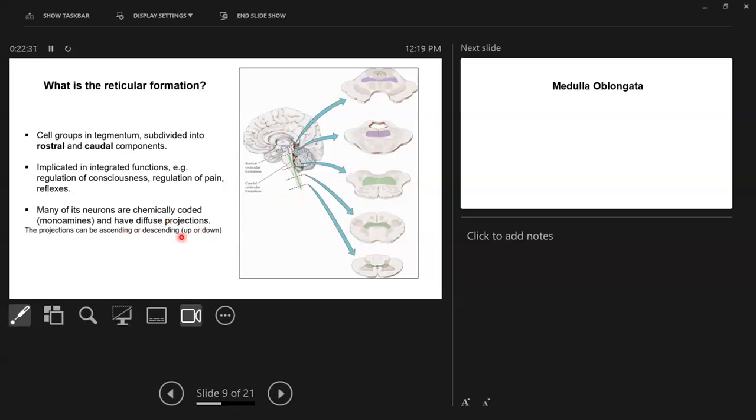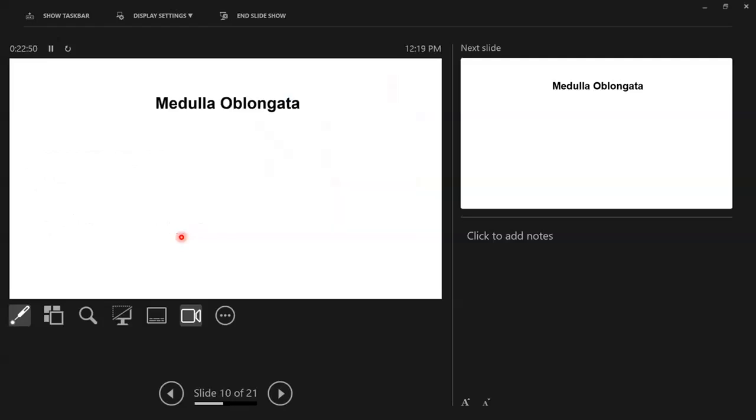Some of these projections can be very diffuse, and we cannot see them individually as distinct pathways. They can only be identified by specialized methods, looking at those neurotransmitters. And of course, pharmacologically, they can be approached and observed.